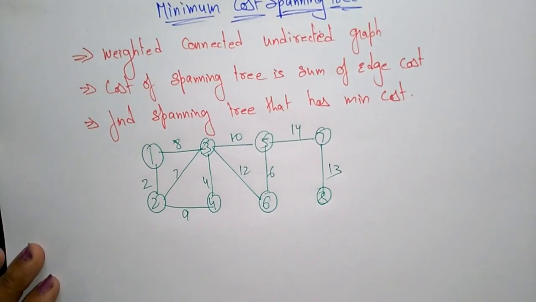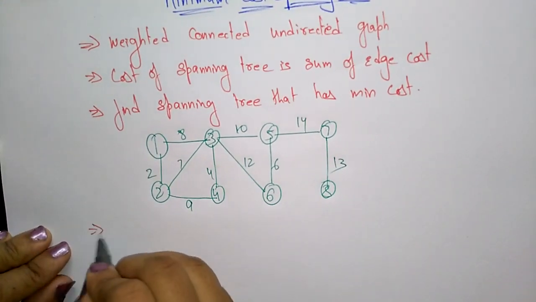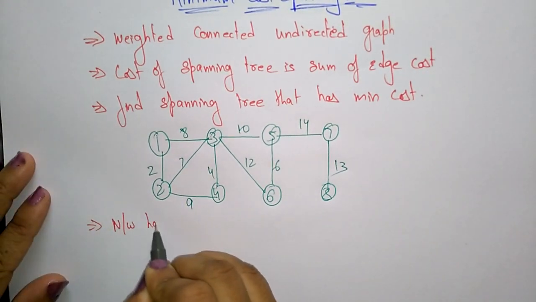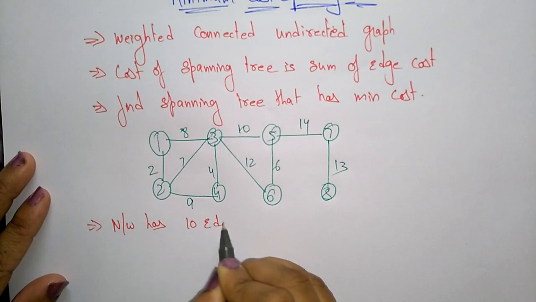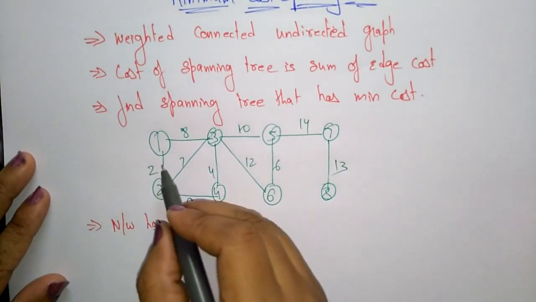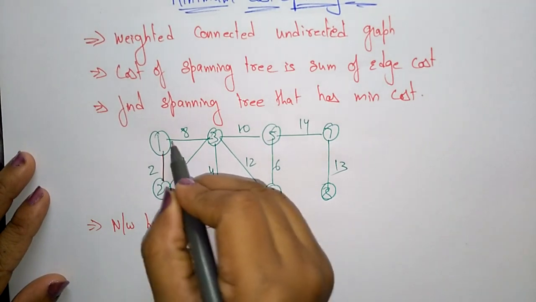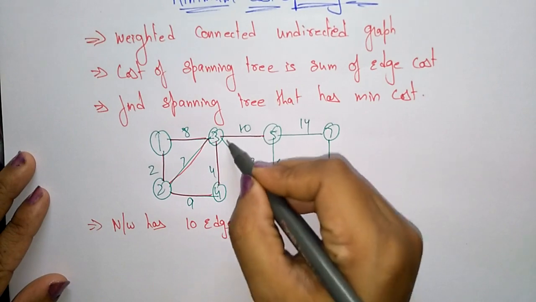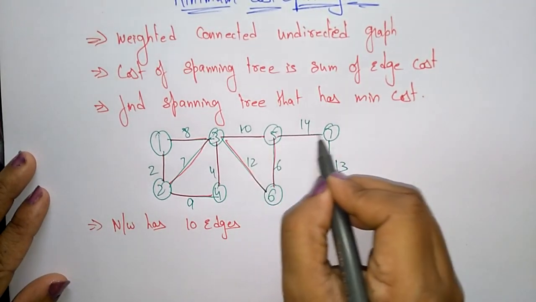This network has 10 edges. Let's count: 1, 2, 3, 4, 5, 6, 7, 8, 9, 10.